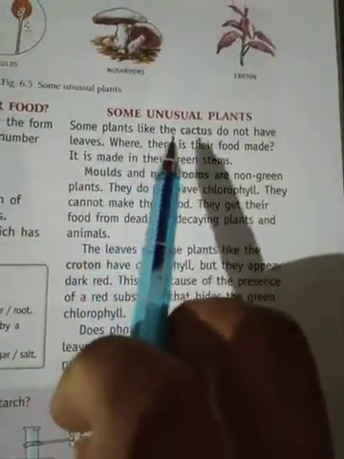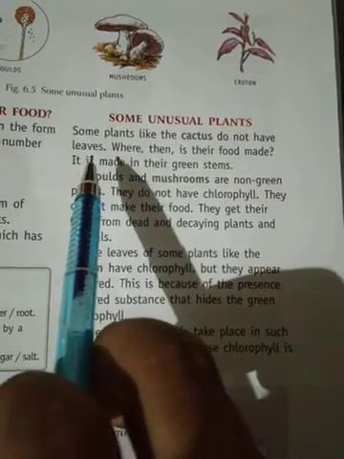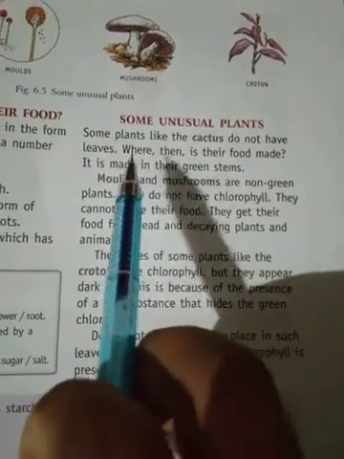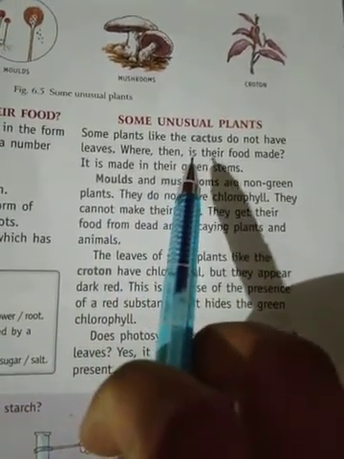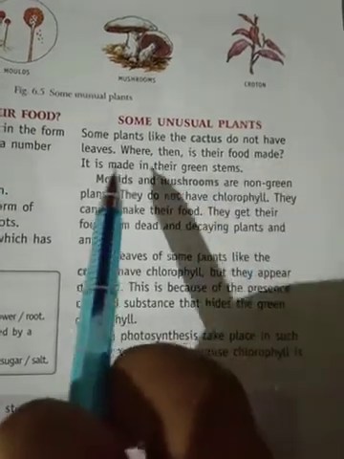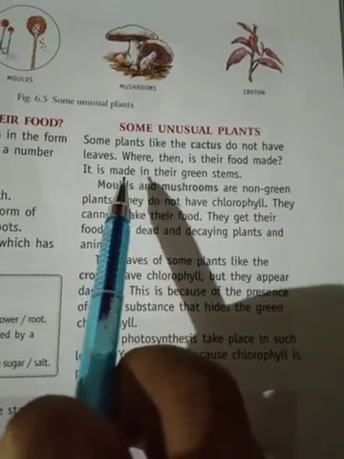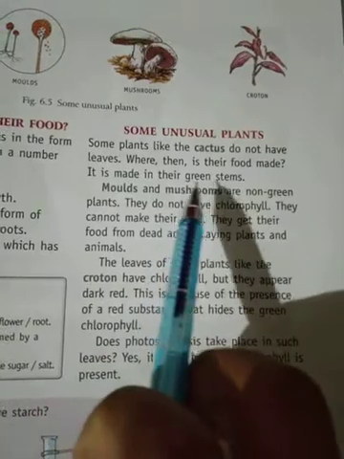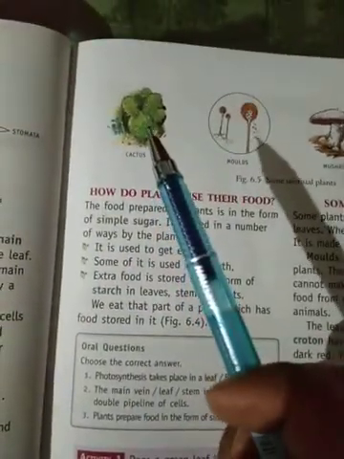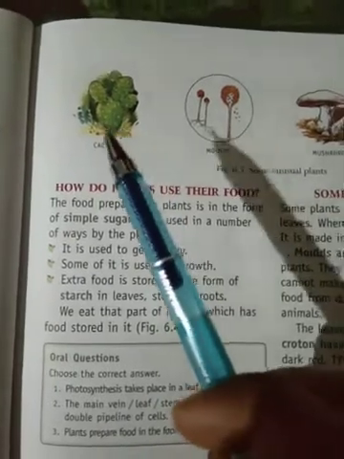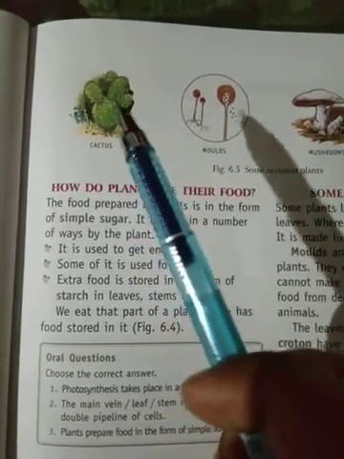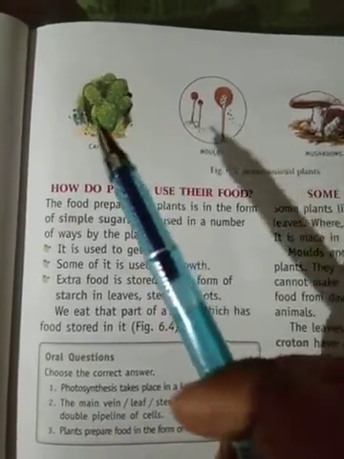Some plants like the cactus do not have leaves. Where then is their food made? Yes, very important question. It is made in their green stems. See, in case of cactus you will see some green fleshy stems.